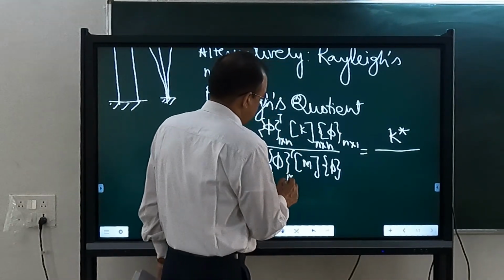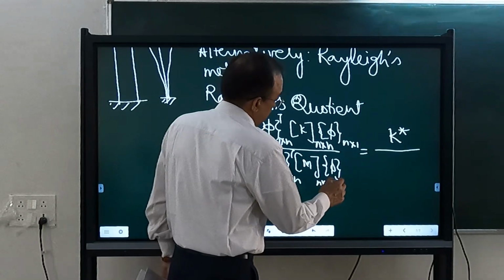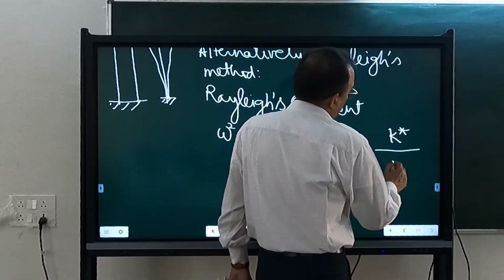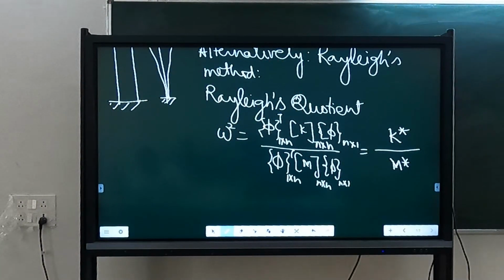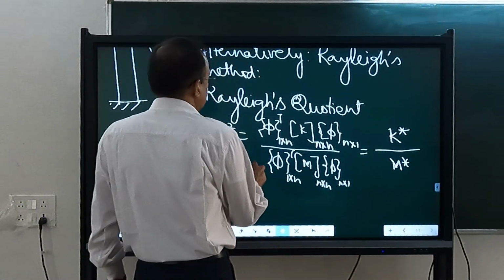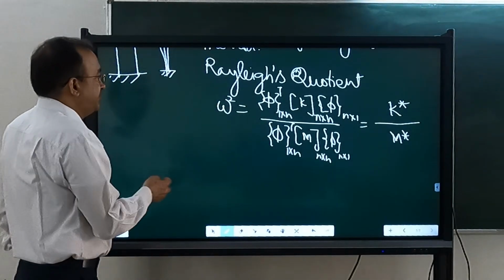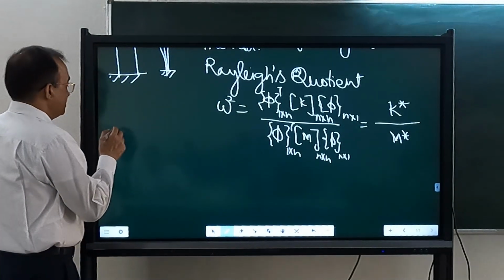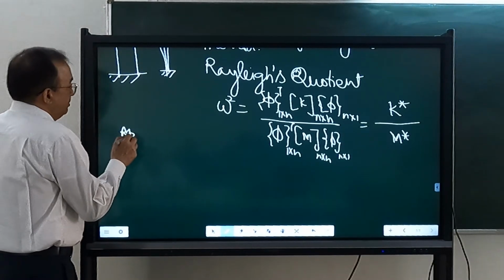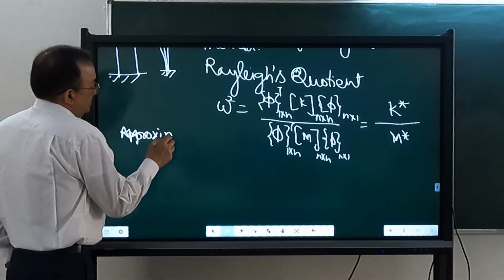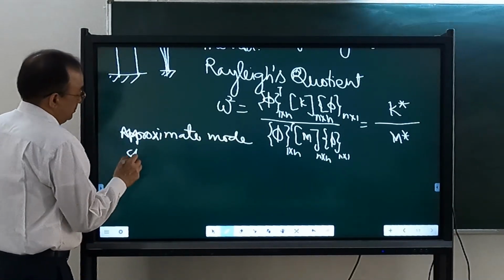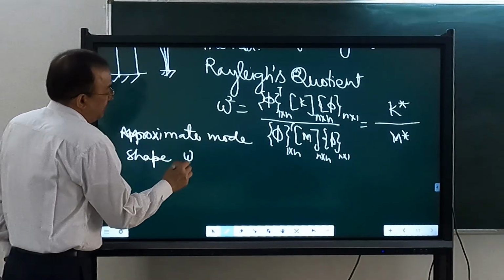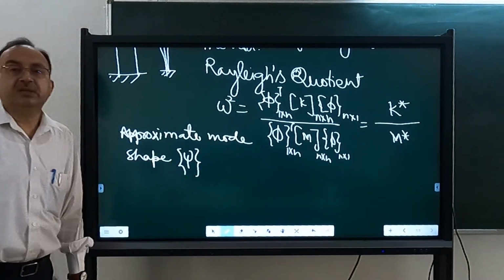Similarly, this will also be 1 into 1. This we call modal mass, m star. If you have an approximate mode shape, in place of this phi, which is the accurate mode shape, let us say psi, you can use the same method.